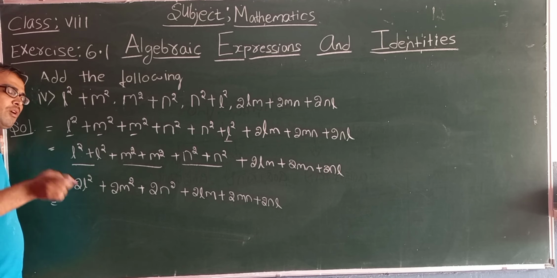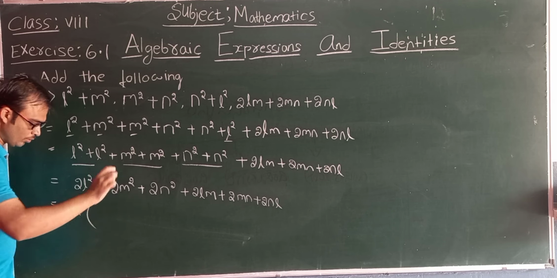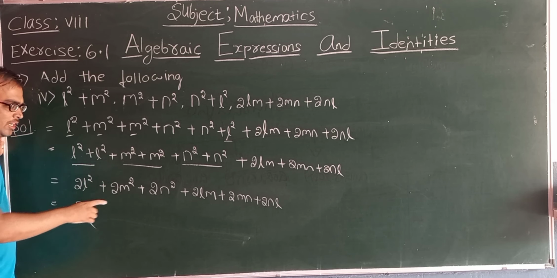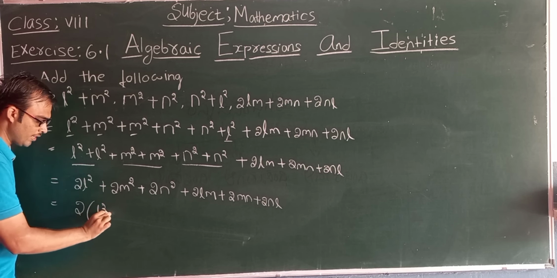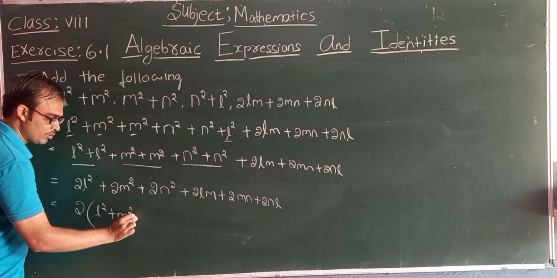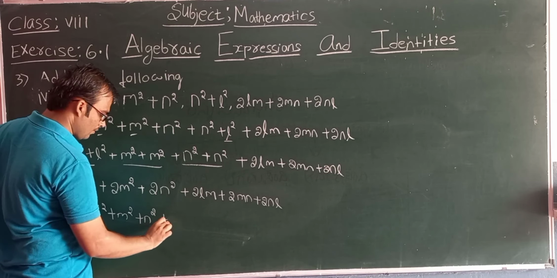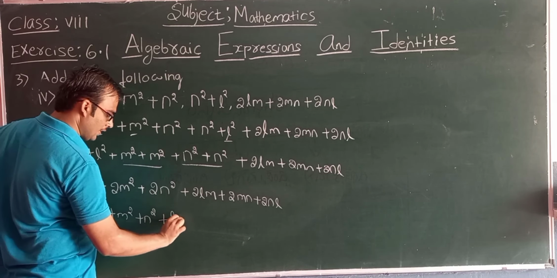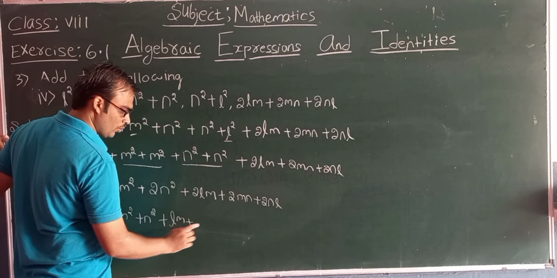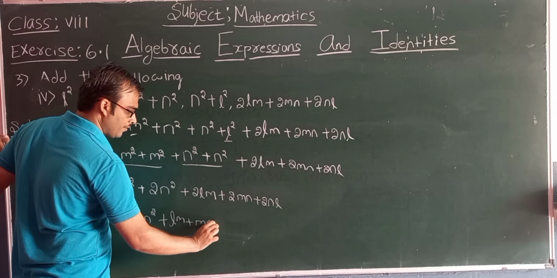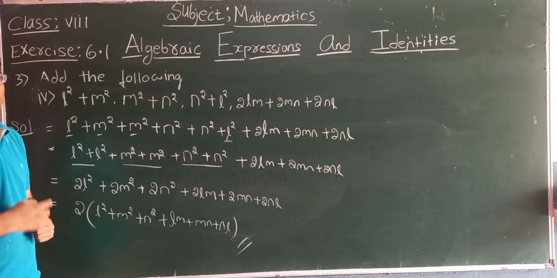If 2 is removed from all the terms, then what is remaining? 2 into, the bracket indicates multiplication, L square plus M square plus N square plus Lm plus Mn plus Nl. If 2 is removed, only the variables are remaining, no? So this is the solution for the given problem.